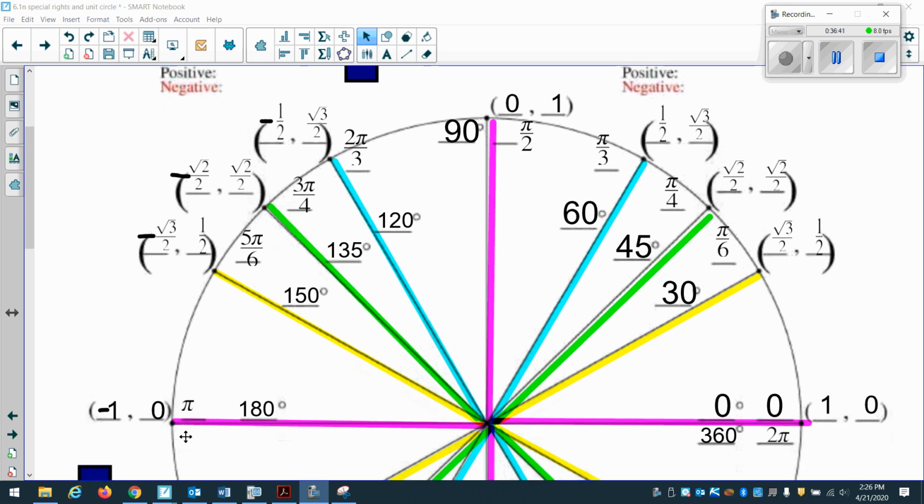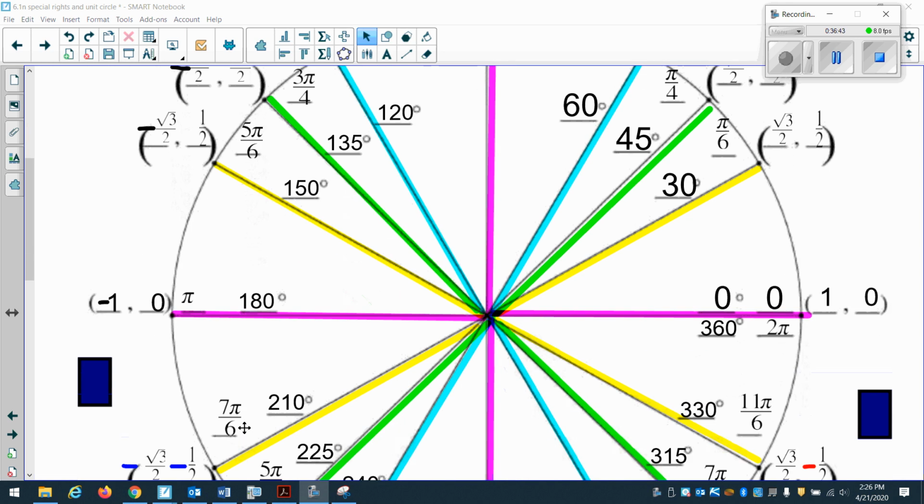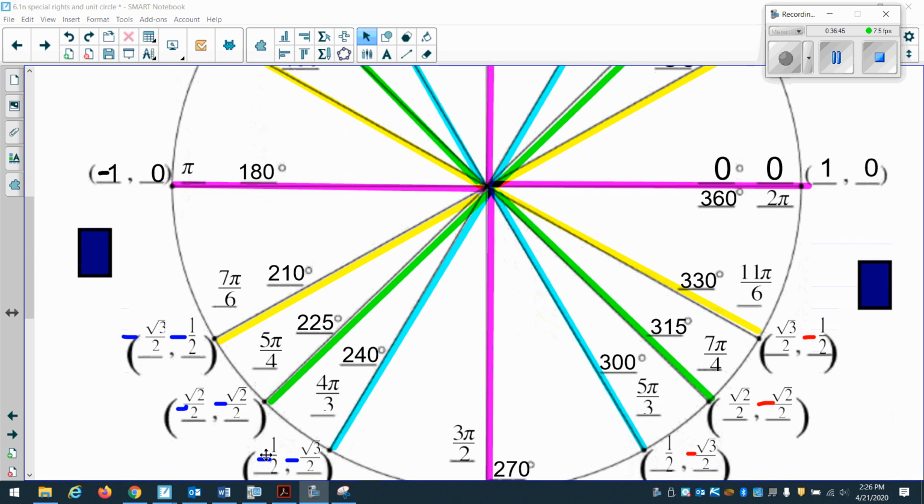Then 6 pi over 6 reduces to pi. 7 pi over 6. 8 pi over 6, which reduces to 4 pi over 3. 9 pi over 6 is 3 pi over 2. 10 pi over 6 is 5 pi over 3. 11 pi over 6. And then we have 12 pi over 6, which reduces to 2 pi.